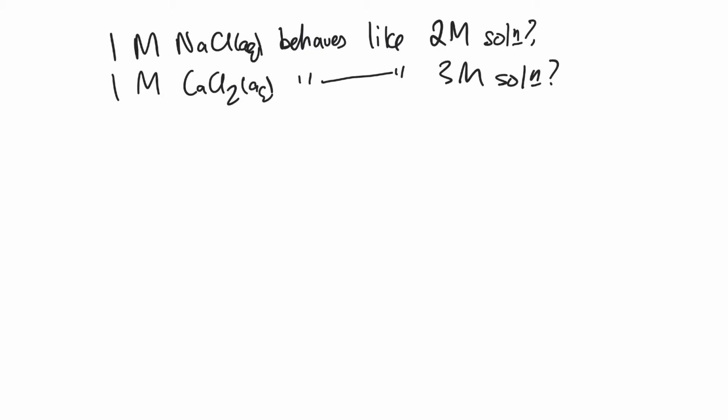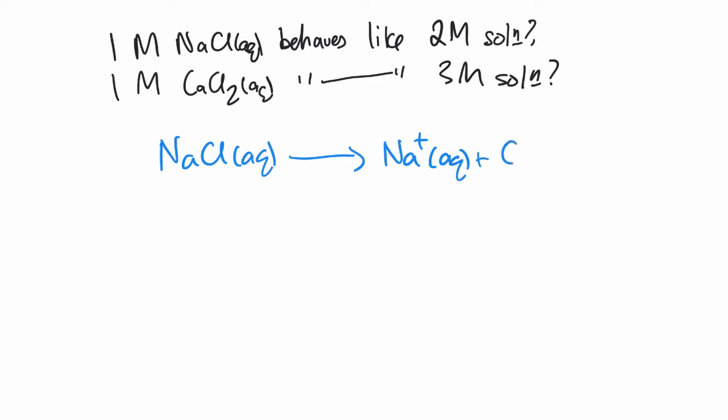So what the heck is going on here? Well, it turns out that the thing that we haven't taken into account here is that the sodium chloride, when it dissolves, is actually breaking down. Remember our full ionic equations from last week, and it is breaking down and forming sodium ions and chloride ions.